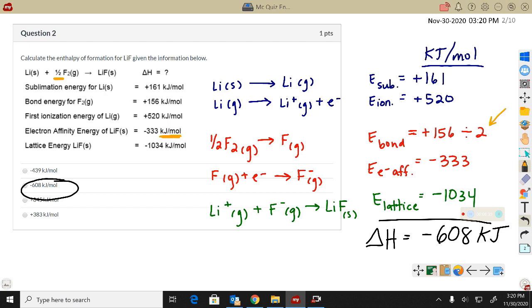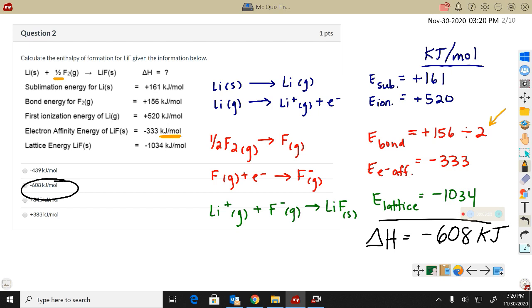I just need half a mole, so I only need half as much energy. But I'm going to form 1 full mole of the fluorine gaseous atom. Then we can gain the electron, and finally we release energy. The electron affinity is the first step that's exothermic. We'll release 133 kilojoules per mole.